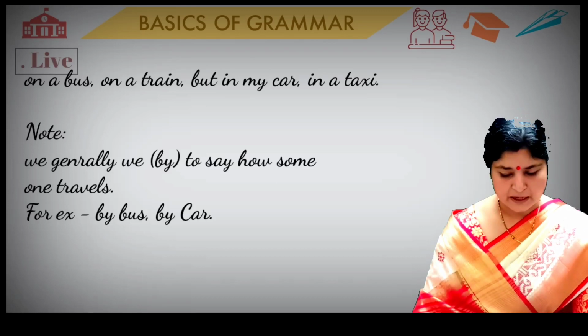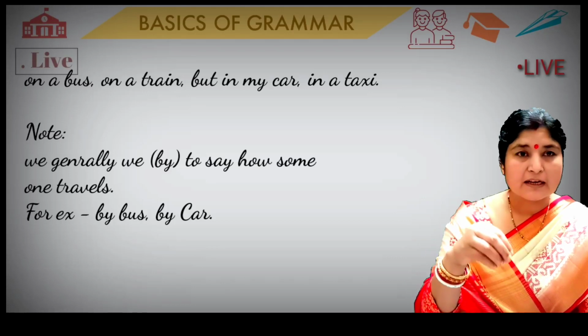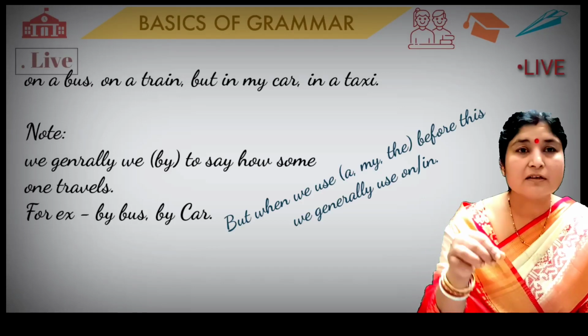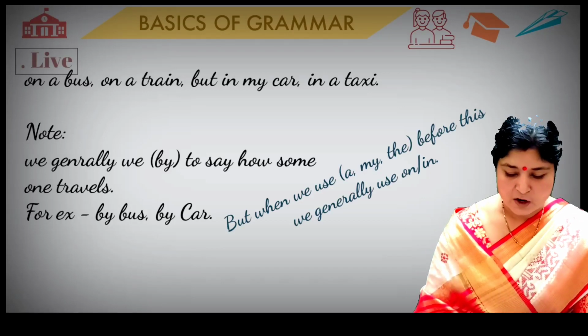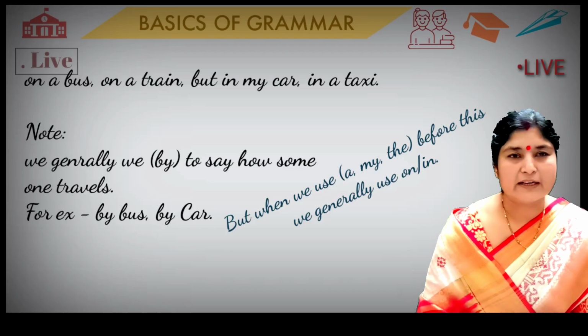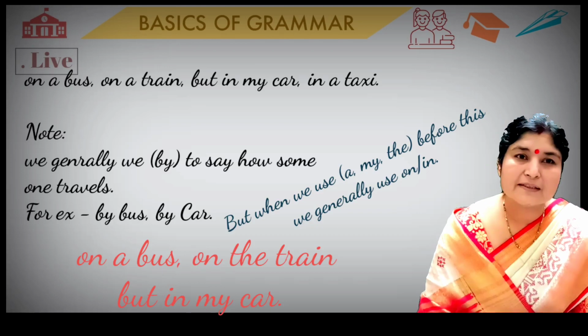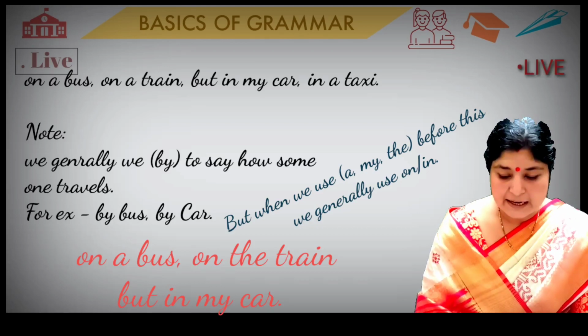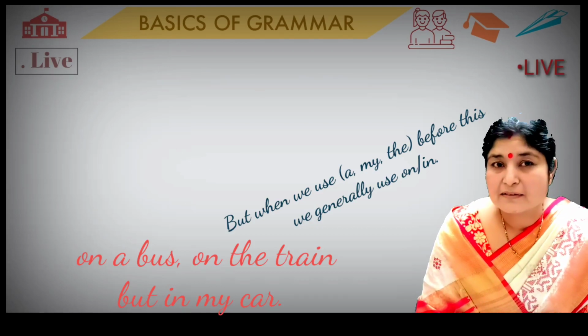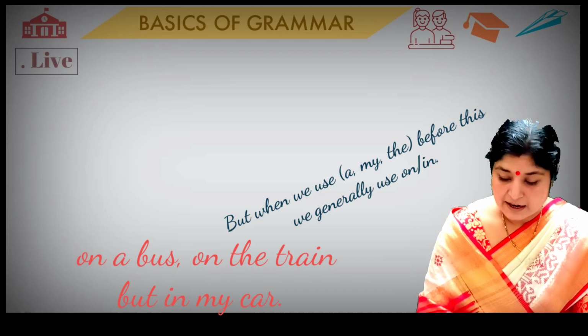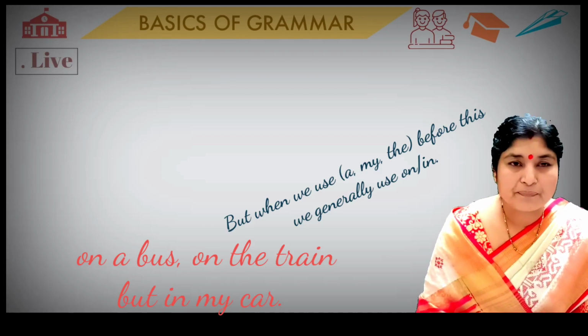But when we use a, my or the before this, then we generally use on or in, like on a bus, but by bus; in my car, in a car, but by car.